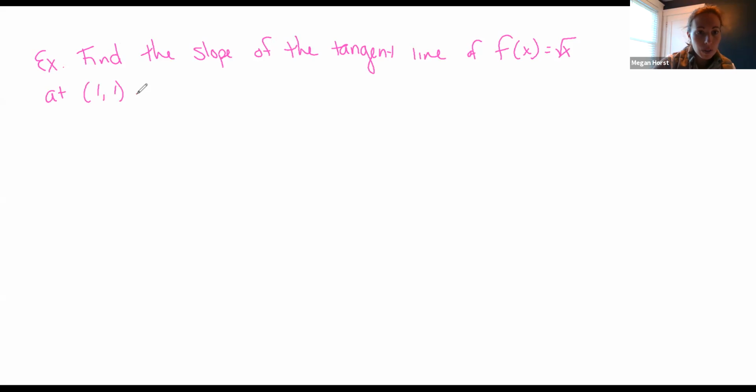Yeah, we'll just do it at 1 point. Actually, let's do it at my other point at 4, 2. Find the slope of the tangent line of f of x equal to the square root of x at 4, 2, and then we're going to write the equation of the line.